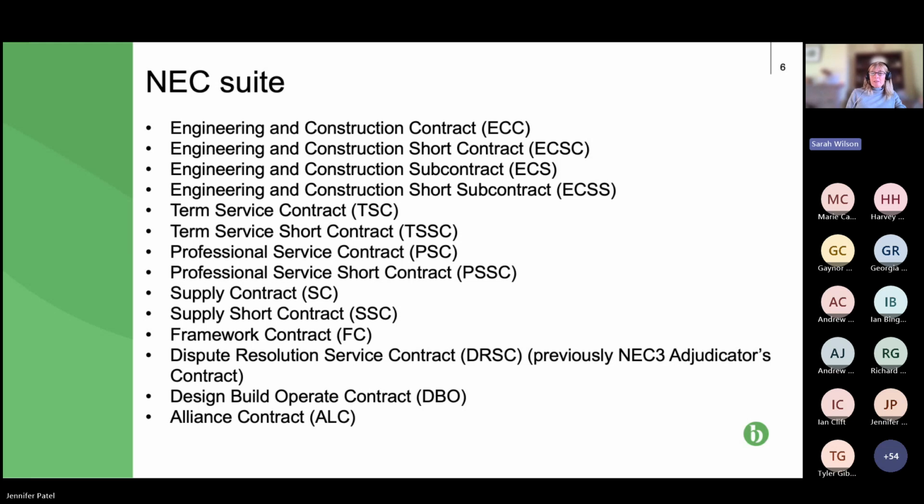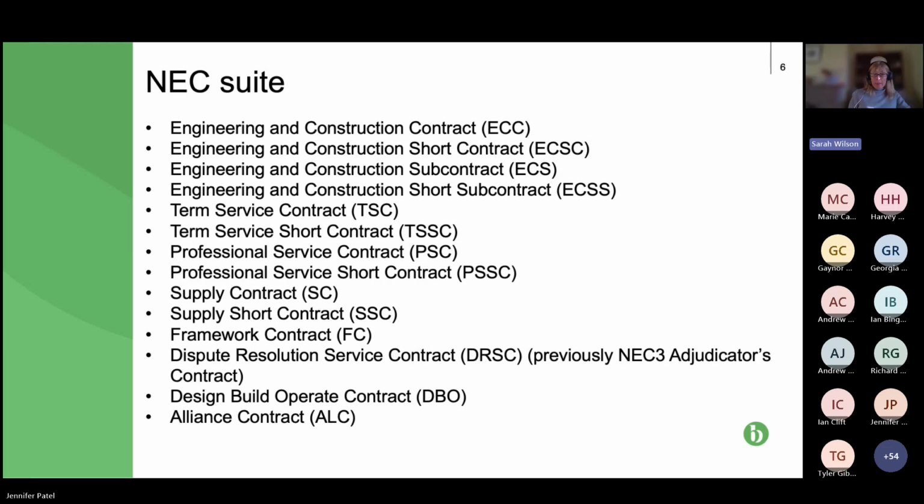But other than that, the clauses pretty much mirror each other, which makes it easy. And it's a similar point for bullets 7 and 8, the professional services contract and short form. It's not as identical, if that makes sense, as the contract and subcontract, but the clauses that you will be reading will be replicated from your ECC and your ECS.